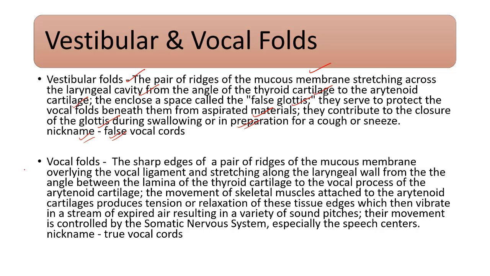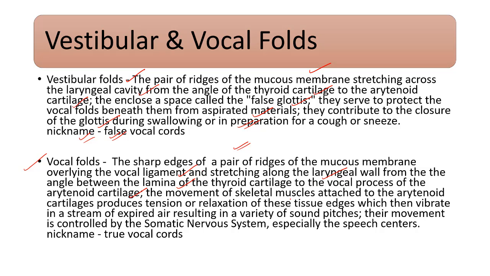Nicknamed false vocal cords. Vocal folds are the sharp edges of the pair of ridges of mucous membrane overlying the vocal ligament and stretching along the laryngeal wall from the angle between the laminae of the thyroid cartilage to the vocal process of the arytenoid cartilage.